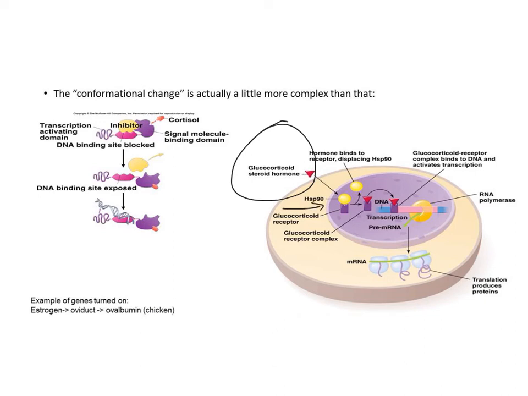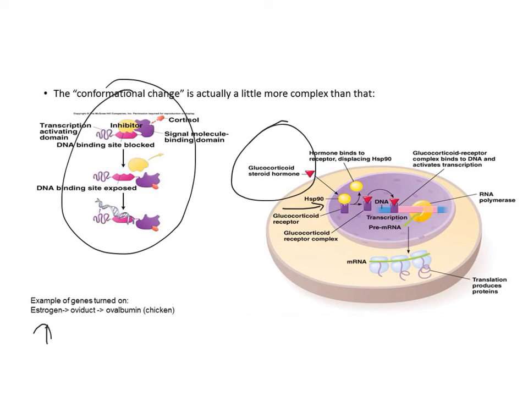Upon binding of that intracellular receptor with the glucocorticoid hormone, a conformational change leads to release of that inhibiting protein, and the receptor is now bound to the hormone itself and will thus activate the transcription factor. You can also see that same inhibition and activation process, with its change in conformational states, shown here on the left.